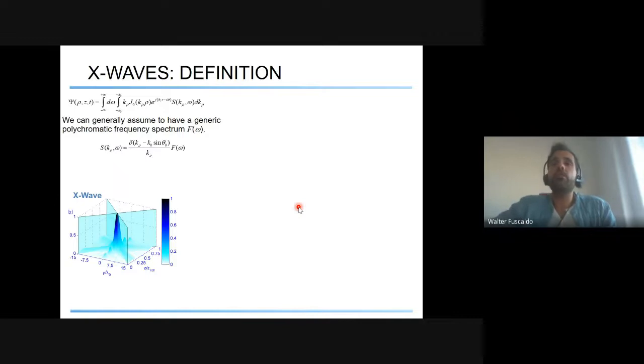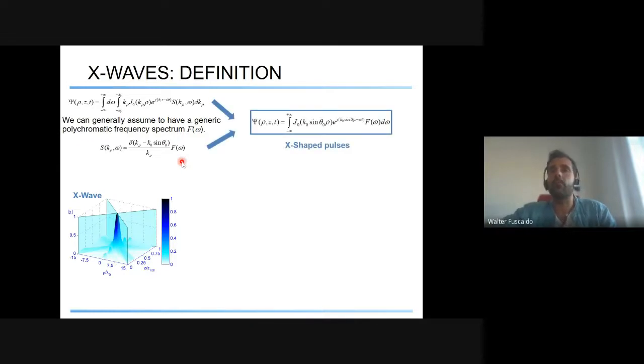By definition, an X wave differs from a Bessel beam just for having a polychromatic frequency spectrum in the choice of the spatial and frequency spectrum. As a consequence, instead of having a Dirac delta function that implies that the frequency is fixed, we will have a generic arbitrary frequency spectrum.